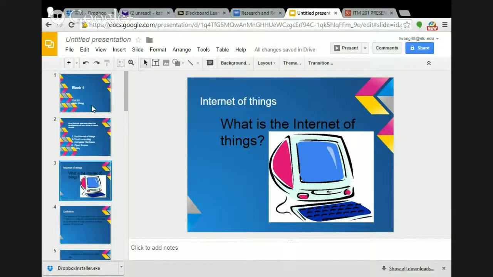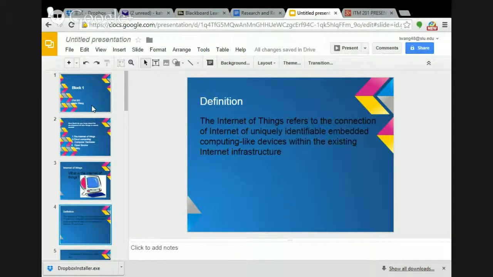For example, the Internet of Things can be devices, systems, and services such as mobile or computer communications. However, the Internet of Things refers to anything that has been assigned an IP address. It is such a vital part of the development of this century.